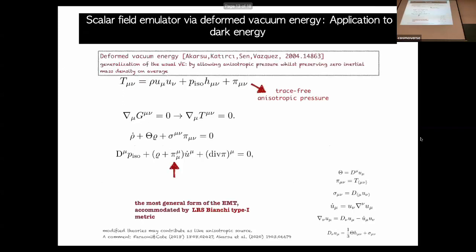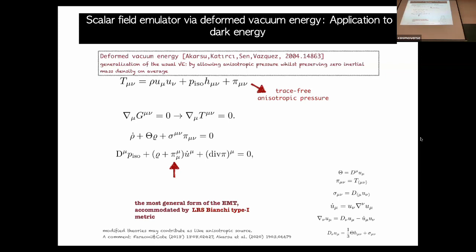There are some models that were very popular at some times, and Planck has some clues about anisotropy or something else. But we are looking for how we can keep the inertial mass density zero.